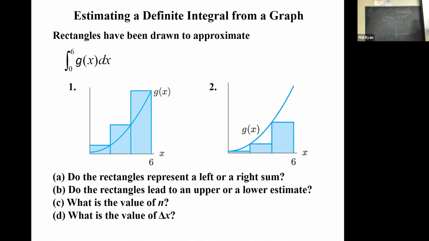Right. It's a right-hand sum, right? Because we're taking the right-hand point to be the height of the rectangle. What kind of sum is this? Left hand, exactly, because we're using the left hand point. Okay, this is just a vocab test, right?